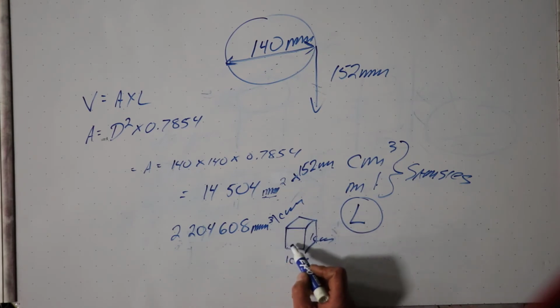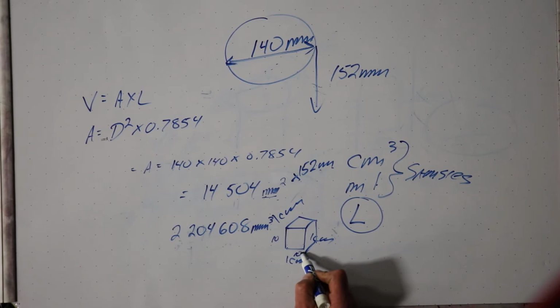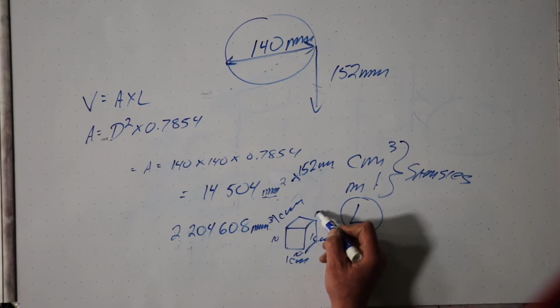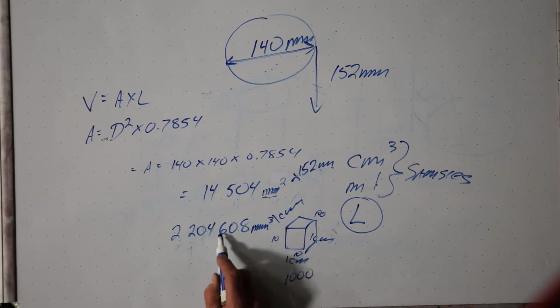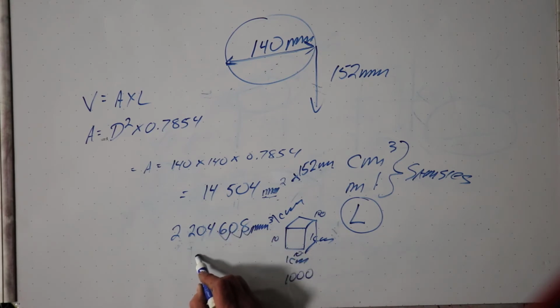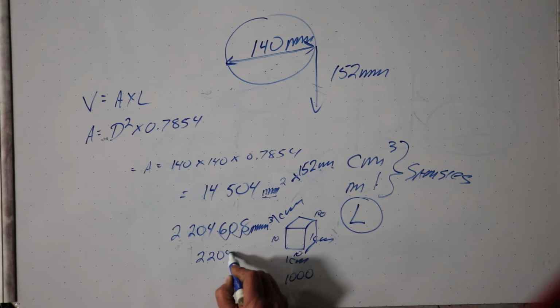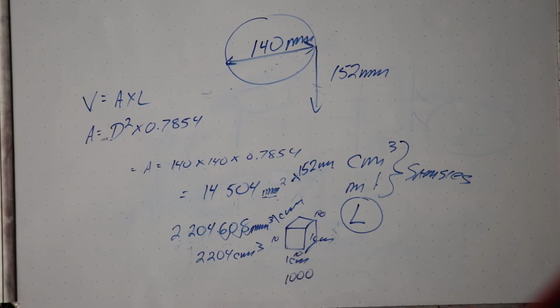If I want to convert this, I know there's 10 millimeters going up, 10 millimeters going this way, and 10 millimeters going that way. So there's 1,000 cubic millimeters in every cubic centimeter, so I'd have to divide this by 1,000. I'd end up with 2,204 centimeters cubed. That seems like the hard way to go about this.